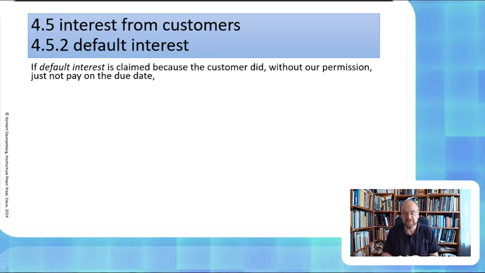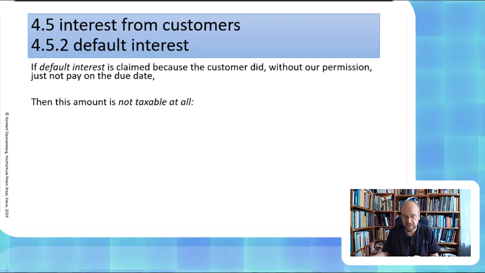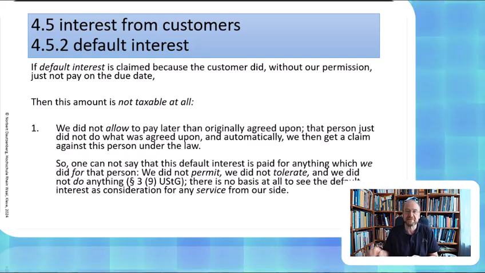If somebody just doesn't pay in time and you claim default interest, then that default interest is claimed because the customer did, without any permission from our side, just not pay within the allowed period of time. This interest is then completely not taxable at all because first, we did not allow anything to the customer.